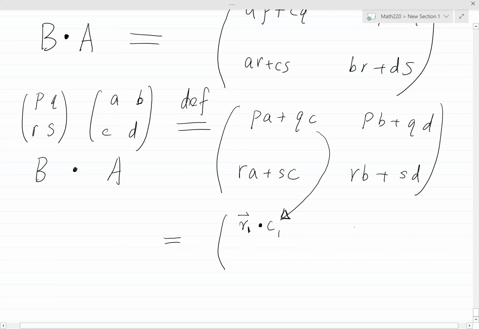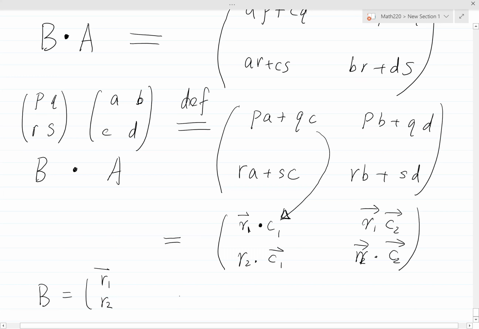This is R1 dot C2. This is R2 dot C1. This is R2 dot product with C2. Here, B is row vectors R1, R2, and A is column vectors C1, C2.